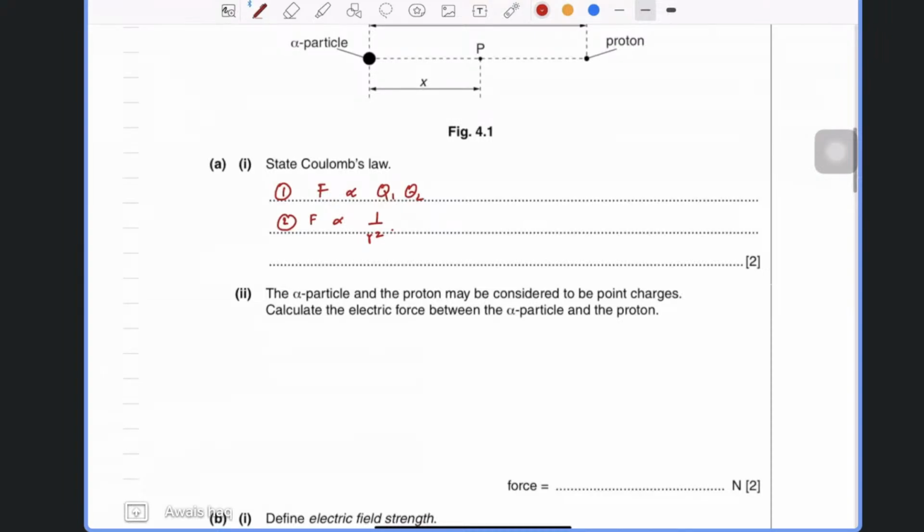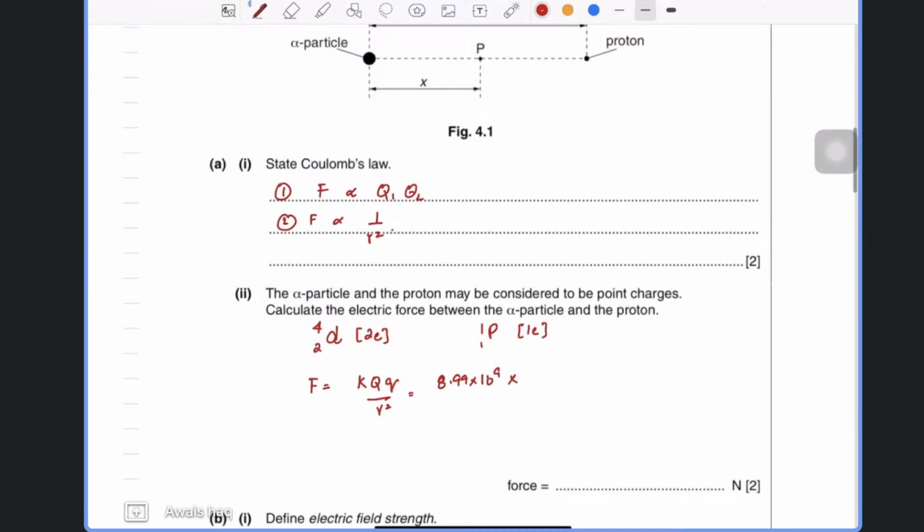First of all, you should understand alpha particle is 4-2, which means it has a charge of 2e, and proton is 1-1, which means it has a charge of 1e. So the force is going to be k q1 q2 over r squared, and I'm going to write 8.99 times 10 raised to 9. That is the value of k.